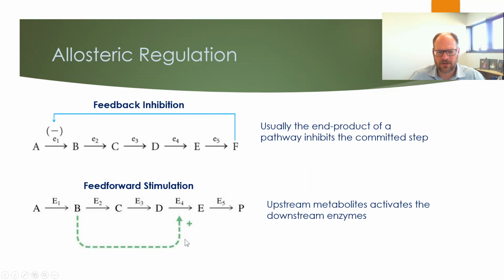There's also feed-forward stimulation, in cases where an intermediate stimulates the downstream catabolism of a metabolite. You see this when it's needed to prevent the buildup of some particular molecule. So we'll talk about examples of each of these in the context of glycolysis and the TCA cycle today.